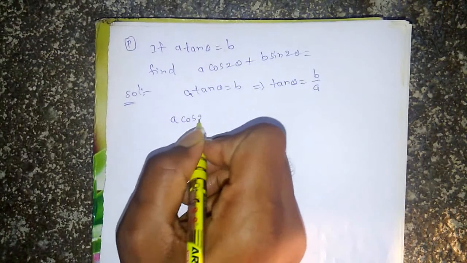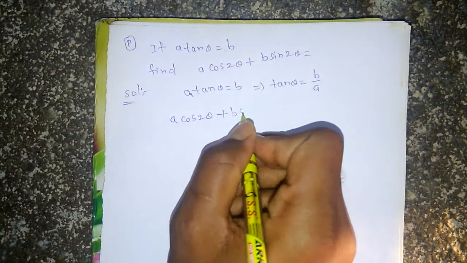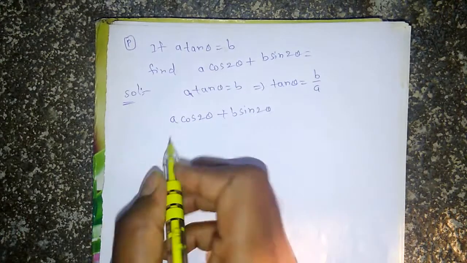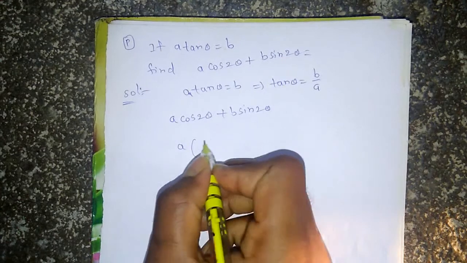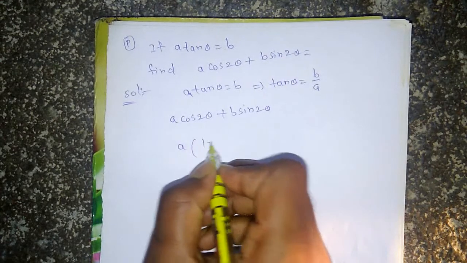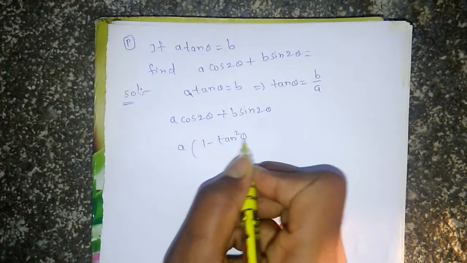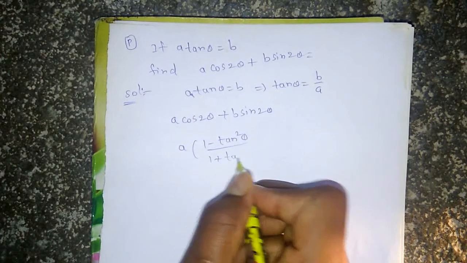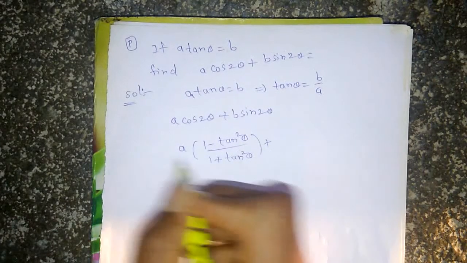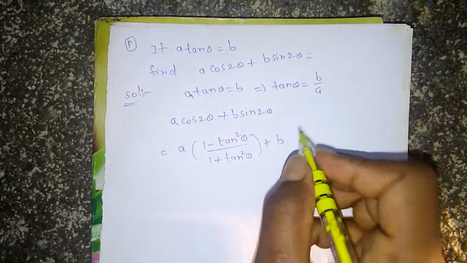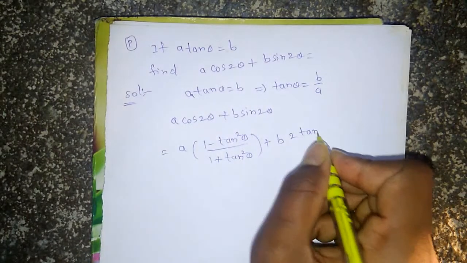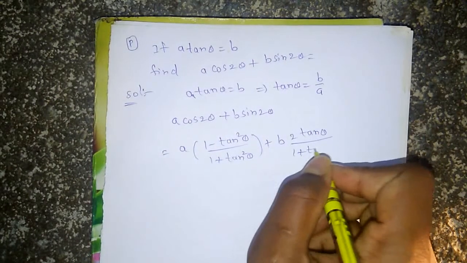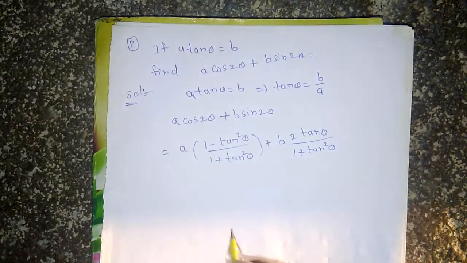We need to find a cos 2 theta plus b sin 2 theta. So cos 2 theta value in terms of tan theta is 1 minus tan square theta by 1 plus tan square theta, plus b into sin 2 theta value is 2 tan theta by 1 plus tan square theta.